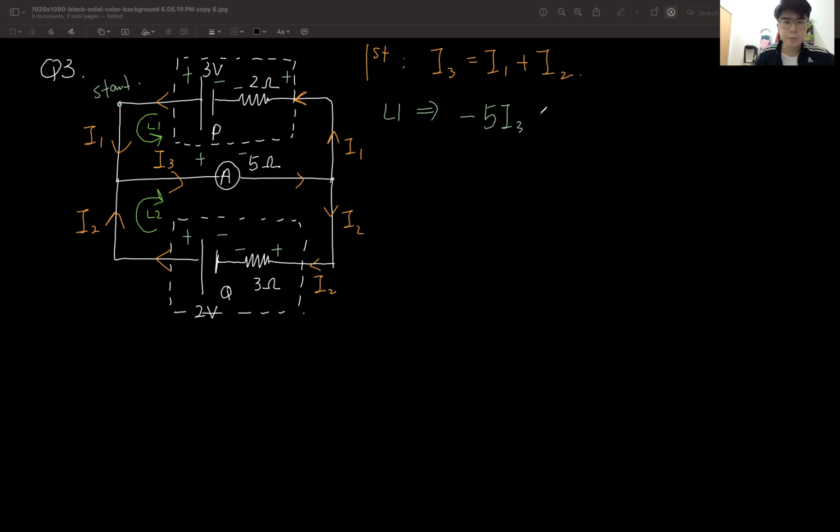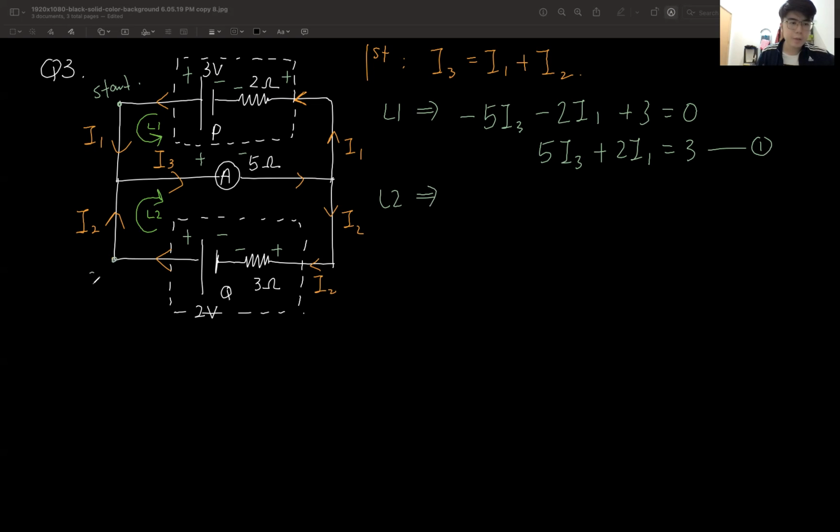And then we go to negative 2I1, and then positive 3 equals 0. Rearrange. That becomes my first equation.